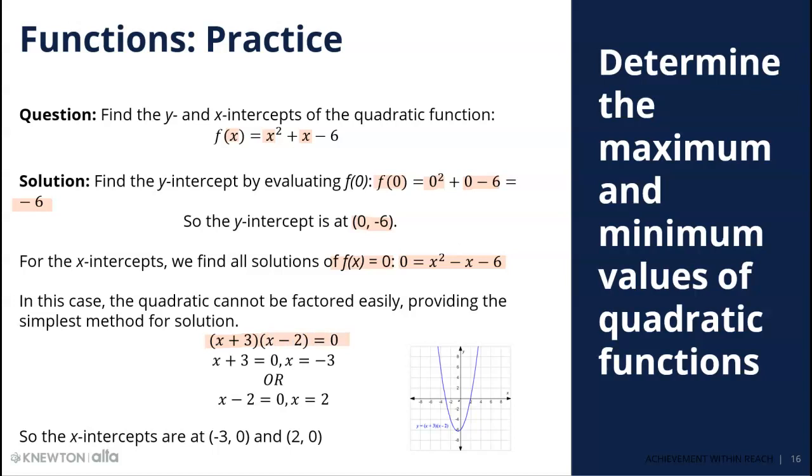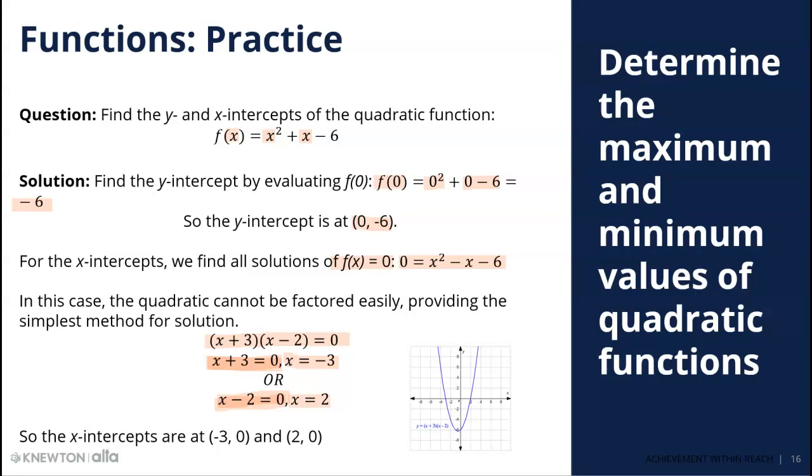Now this product is equal to 0. That means that one of the factors, x plus 3, might be equal to 0, or x minus 2 is equal to 0. Now if x plus 3 is equal to 0, then x is equal to negative 3. And if x minus 2 is equal to 0, then x is equal to 2.